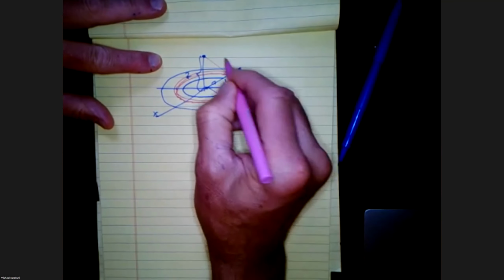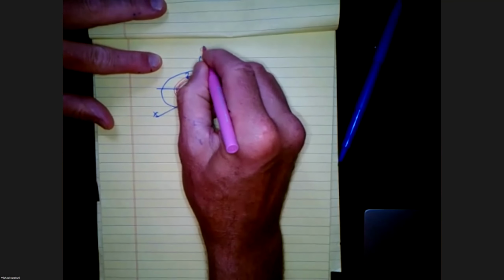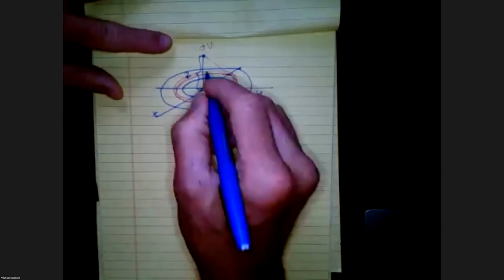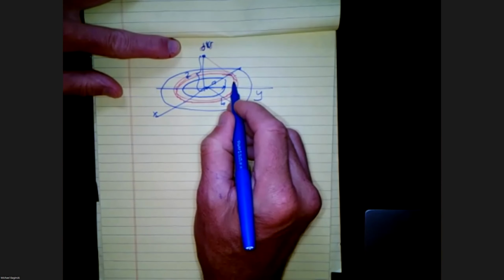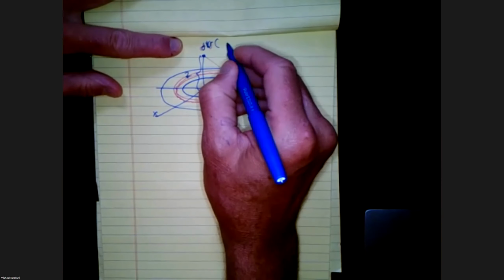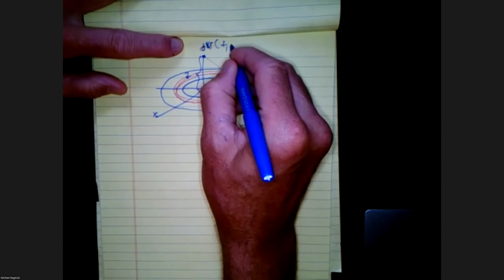I want the differential voltage from that, at this point right here, dV. It's going to be a function of Z and rho.